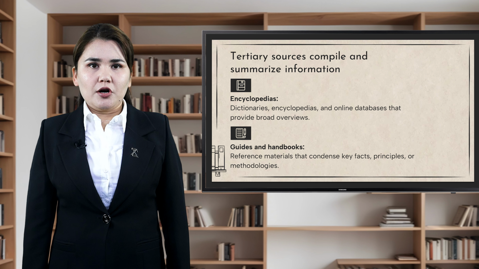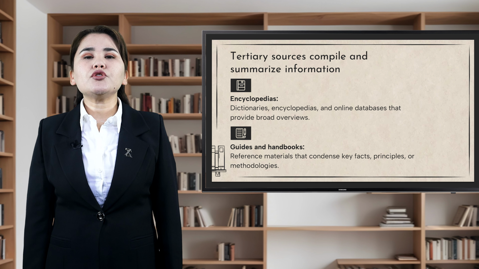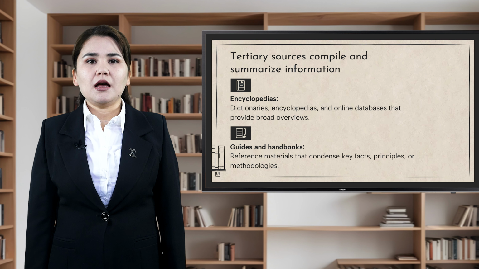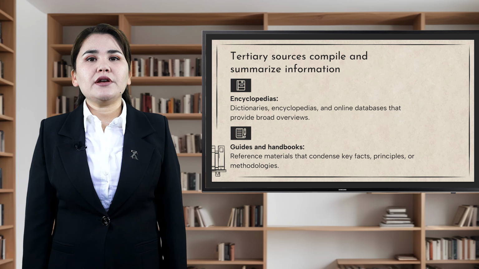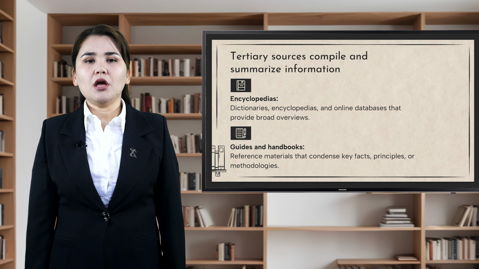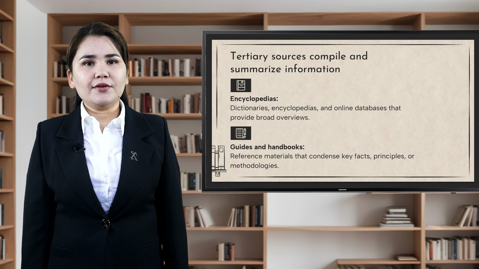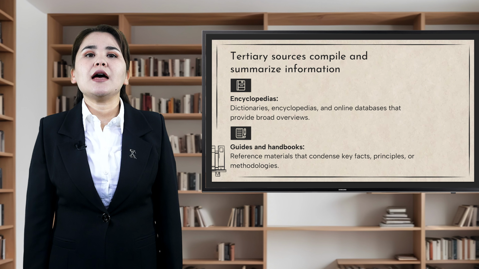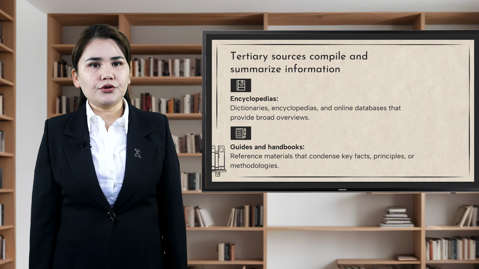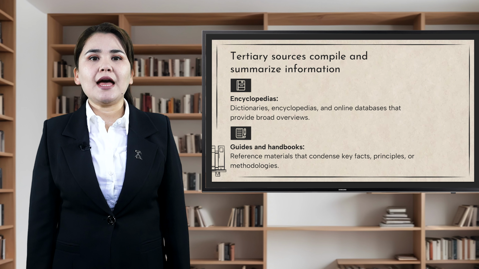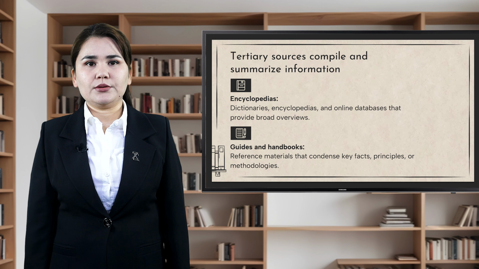In the next part, we will observe research tools and techniques. To find quality information, leverage various search tools. For this, you may have this listed information: academic databases, library resources, search engines, and online tools.